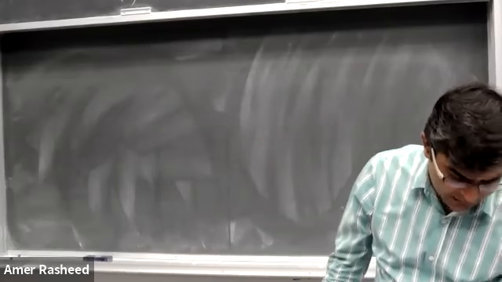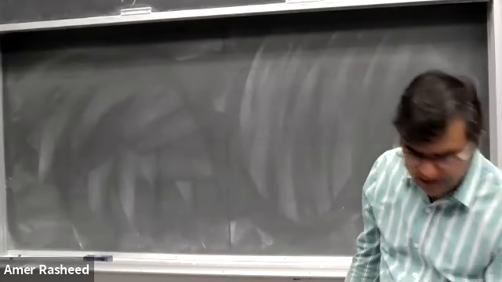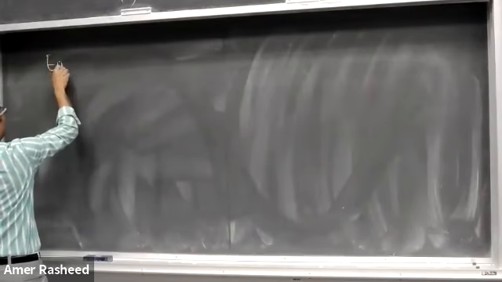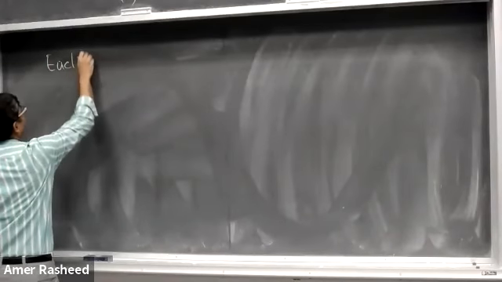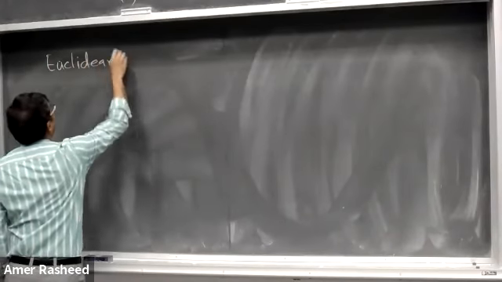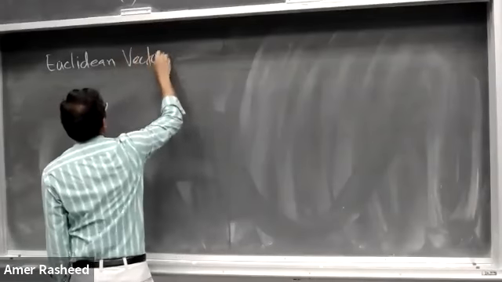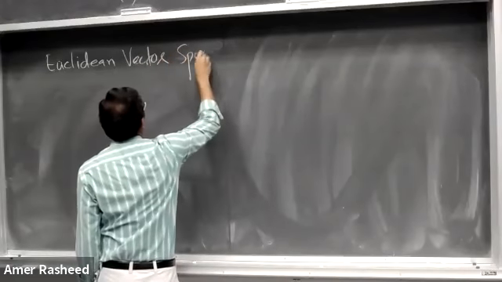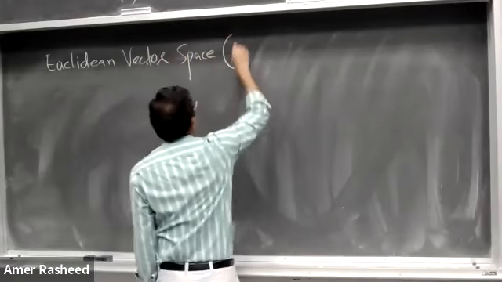We'll do many more examples of these things. Now, what is a Euclidean vector space? It is basically Rn.